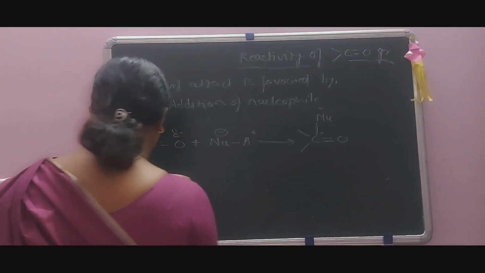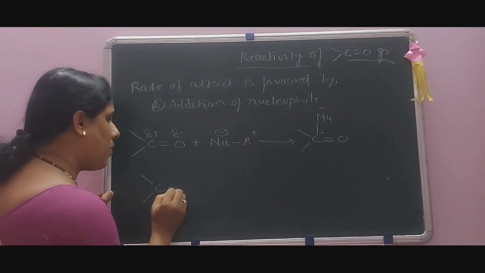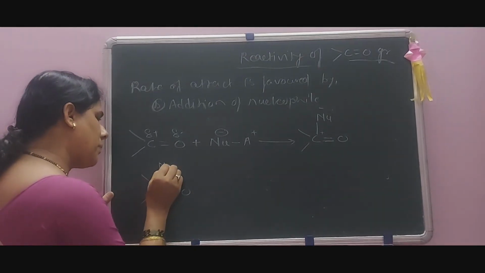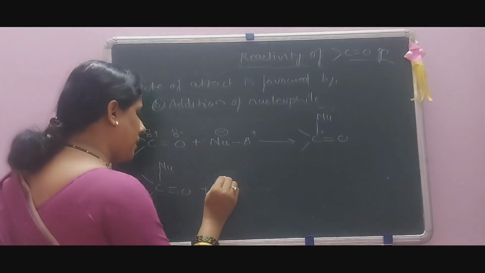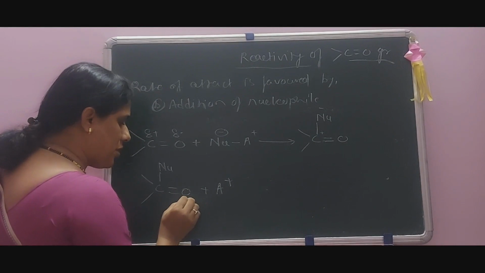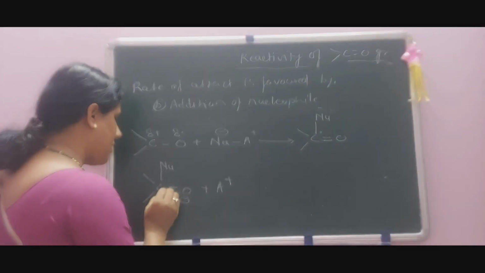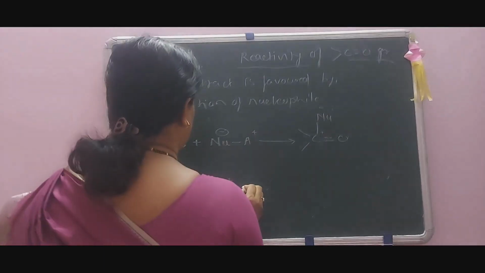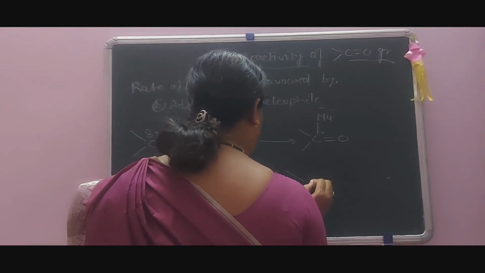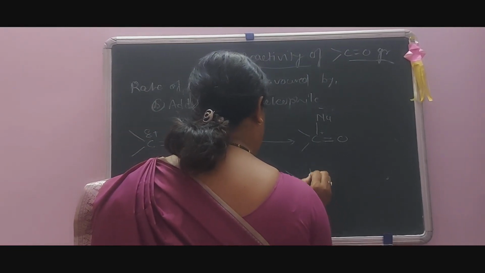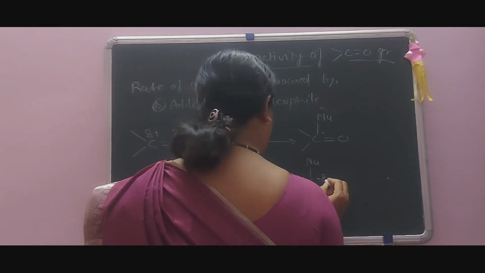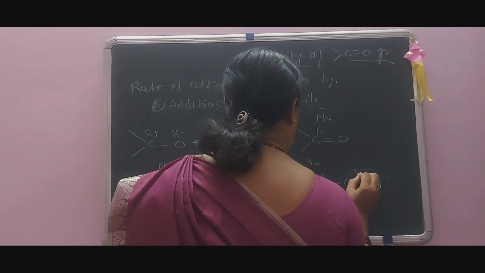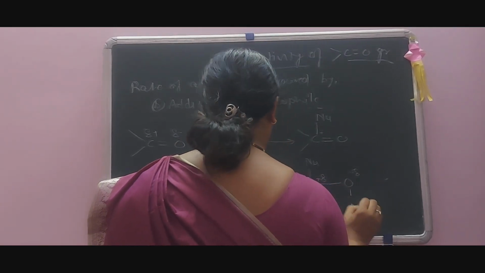In the second step, the positive A plus attacks the negative part, so these electrons go onto oxygen. Therefore, there is formation of C delta plus with Nu, and delta minus, and A plus.